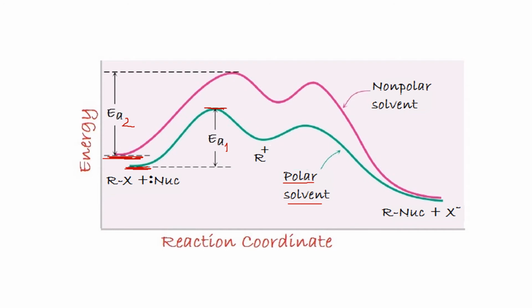So in polar solvent, the transition state stabilization is much higher than the transition state stability in non-polar solvent. The intermediate, in the case of polar solvent, will be solvated and more stable than the intermediate in the case of non-polar solvent.